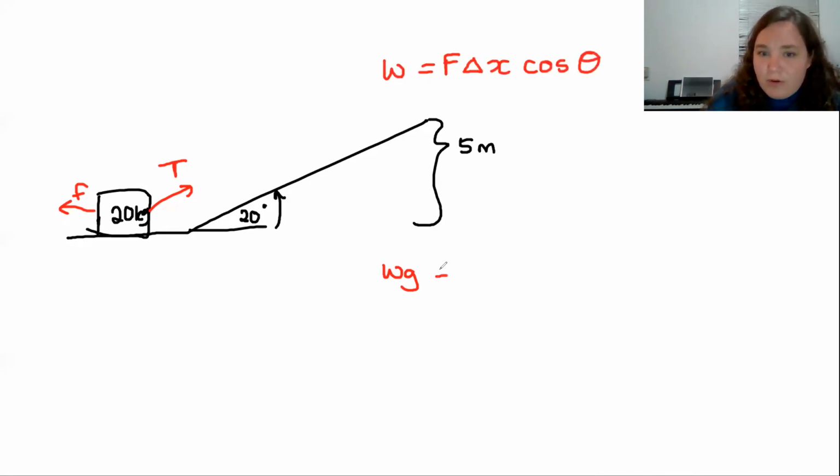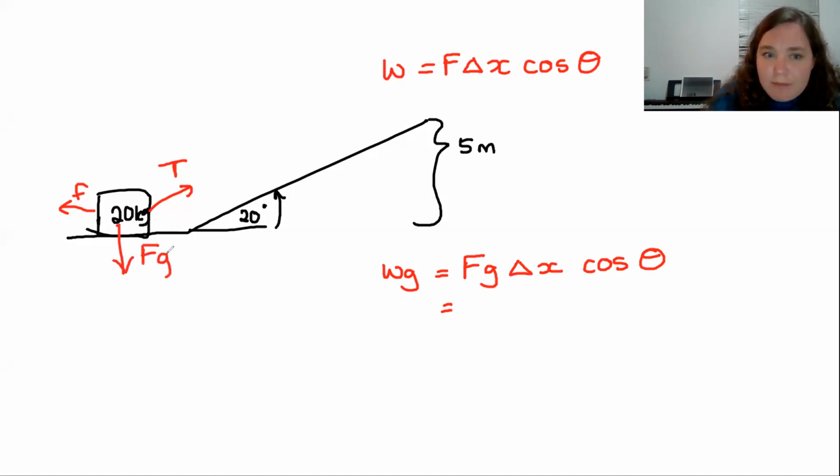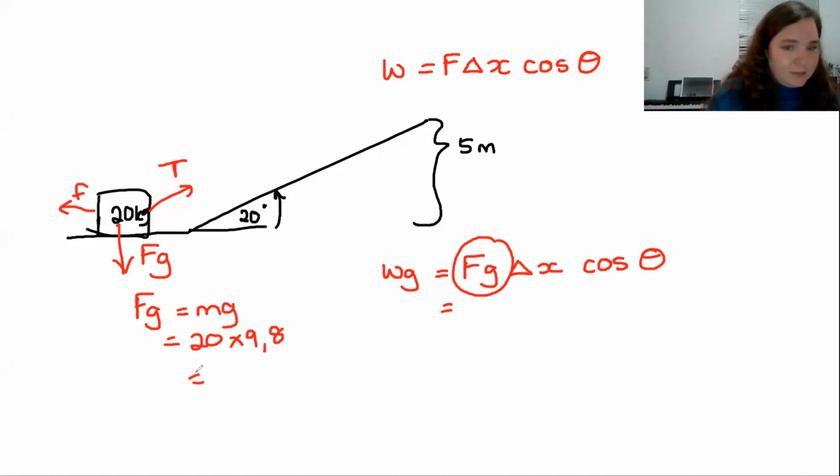So the work done by gravity is the gravitational force, displacement, and cos of the angle. Because I'm dealing with gravity, I put in my weight as the force. So Fg is equal to mg, which is 20 multiplied by 9.8, which I think is 196, but it's late enough that I have to check.